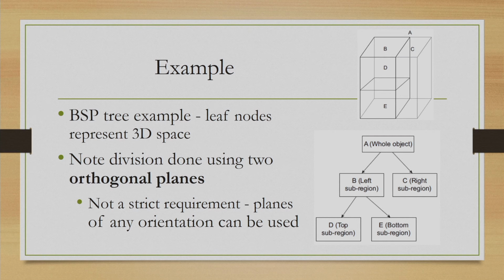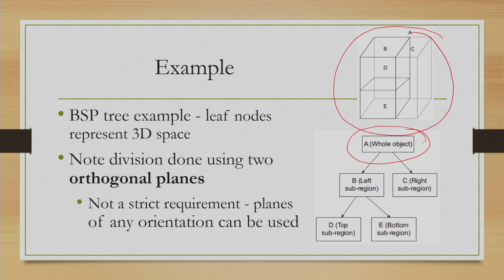Let us see one example. Suppose we are given this 3D region and we are going to represent it in the form of a BSP tree. So, our root node is the whole object.